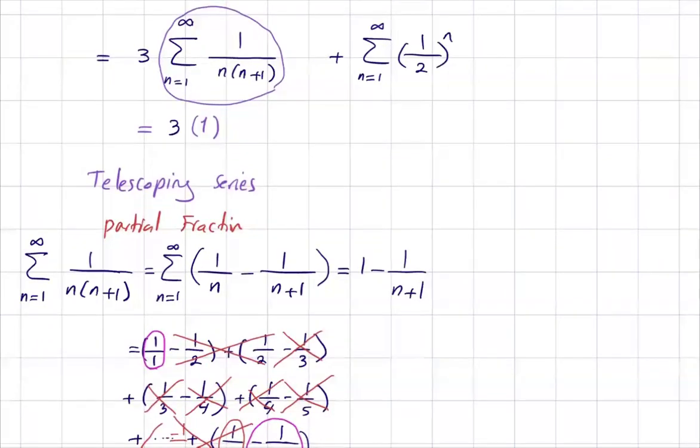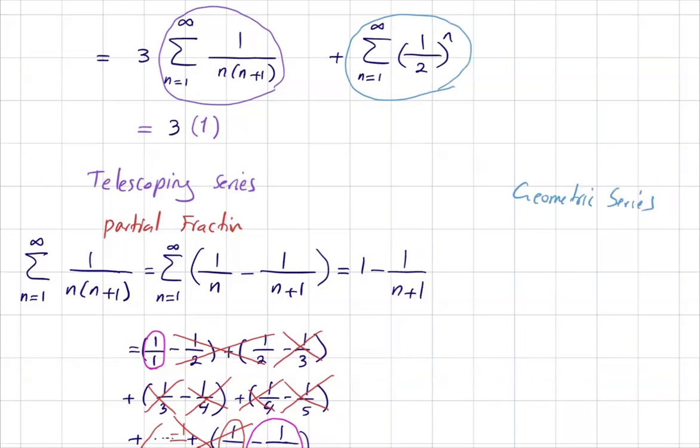For the second series here, let me use a different color. You have 1 over 2 to the power n. What is this guy? So if I write down some of the terms of this series, what I have is a geometric series.